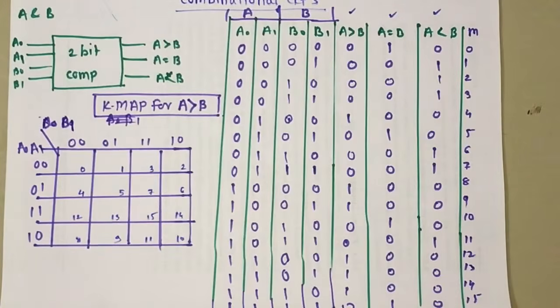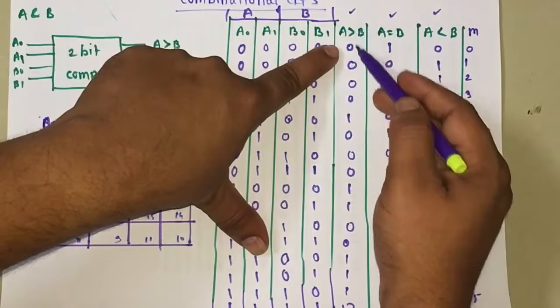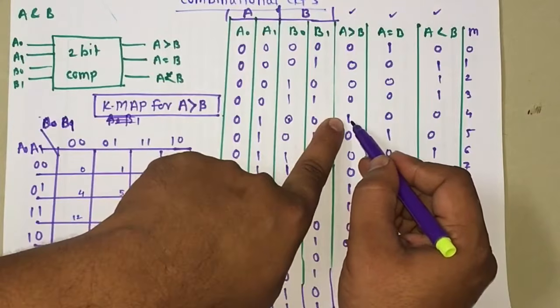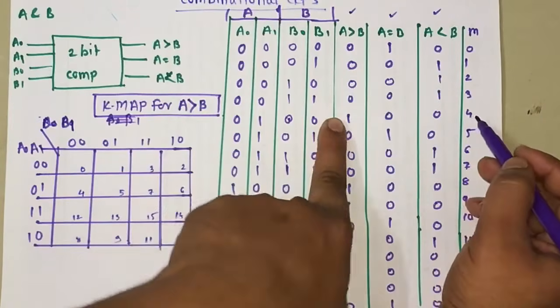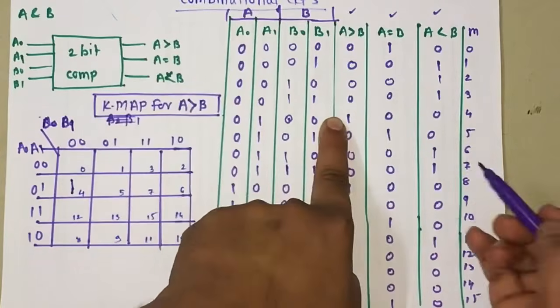Total 16 values are there. So consider this column only. So where is output equal to 1 for this position, this is M4. So for M4 here we have to put 1.